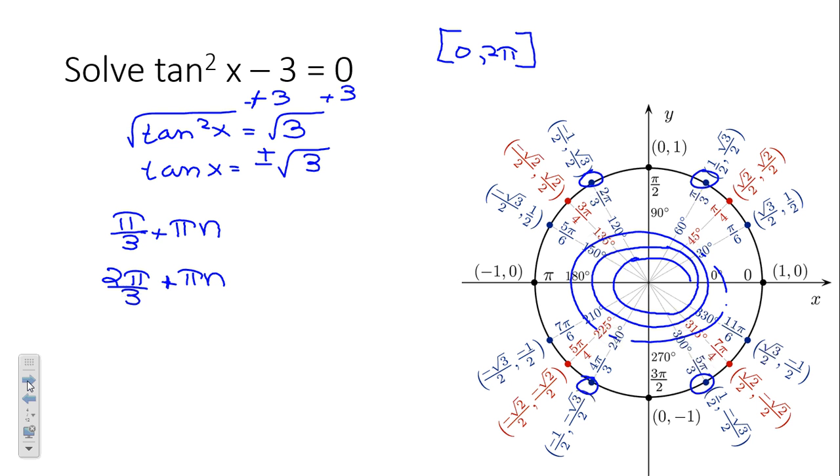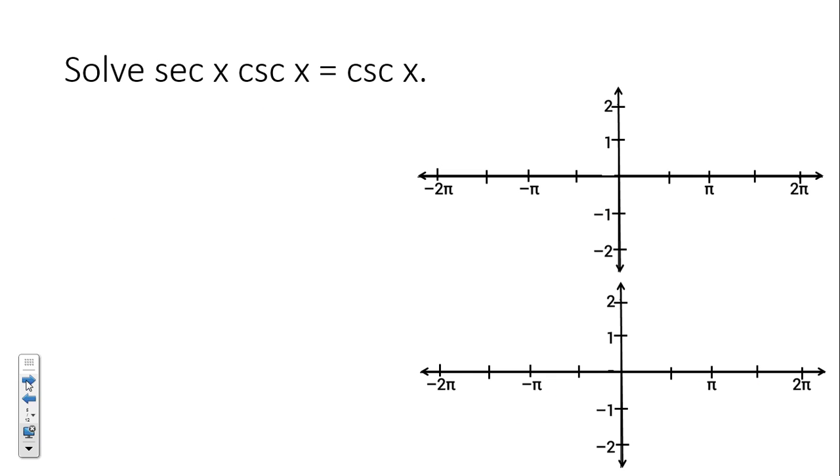Okay, give me a couple. I have, I think, one or two more. Okay. So this looks messy. And we don't want to just divide by cosecant of x, because that could potentially eliminate answers. Okay?